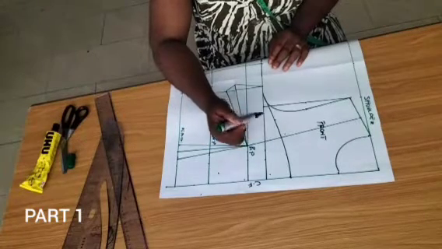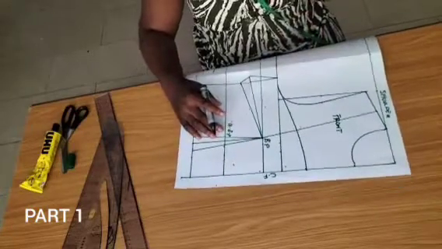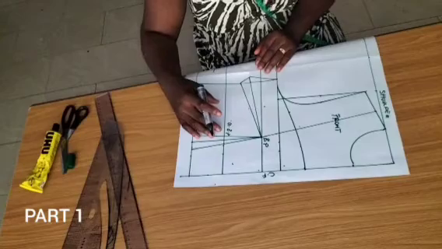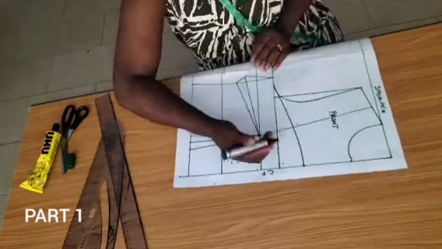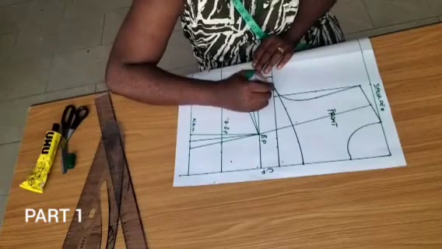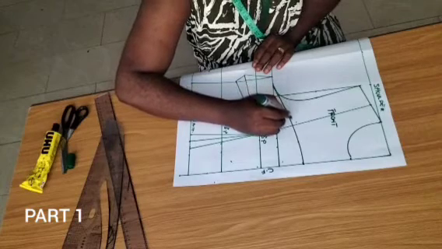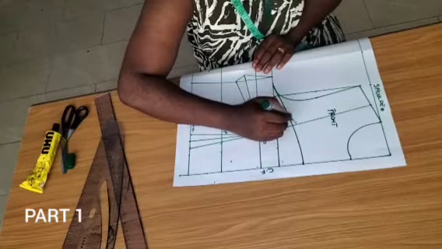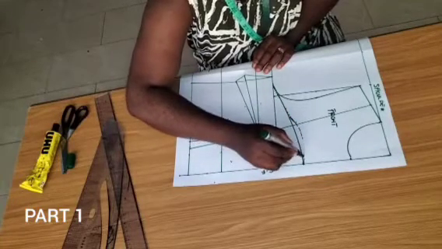If you also want to give it a little lift, like I always emphasize, most of the times when you use pattern rulers, sometimes we don't get exactly what we want. So I just want to use my free hand to construct exactly what I want on that part.